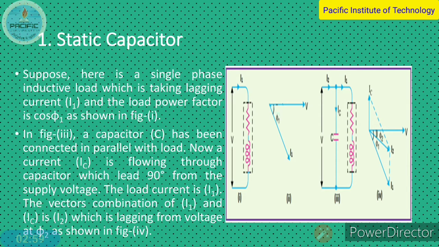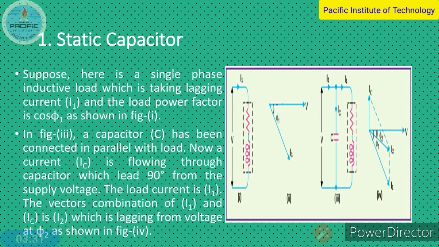In the phasor diagram, we will find that the current I1 is lagging the voltage by an angle phi1. The current IC is leading the applied voltage by an angle of 90 degrees, as it is a capacitive current, and the phasor sum of I1 and IC gives the current I2, which is lagging the applied voltage by an angle phi2.